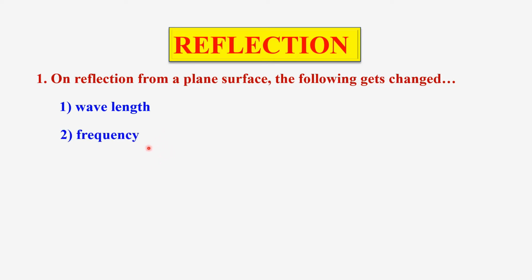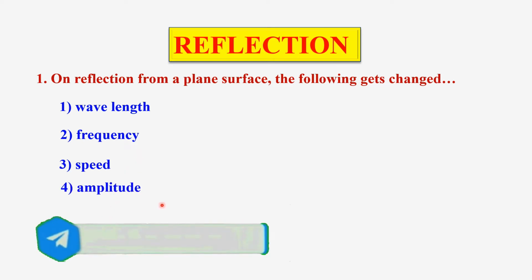Wavelength, frequency, speed, amplitude. On reflection, wavelength cannot be changed, frequency cannot be changed, speed cannot be changed, only amplitude will change. So, on reflection from a plane surface, amplitude is changing.